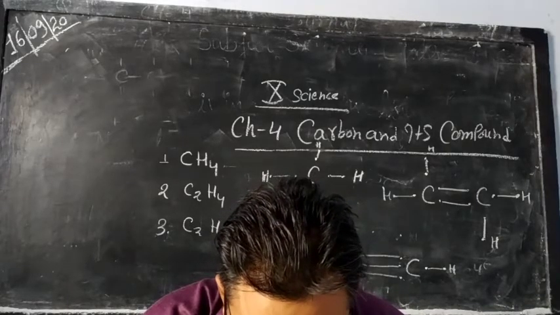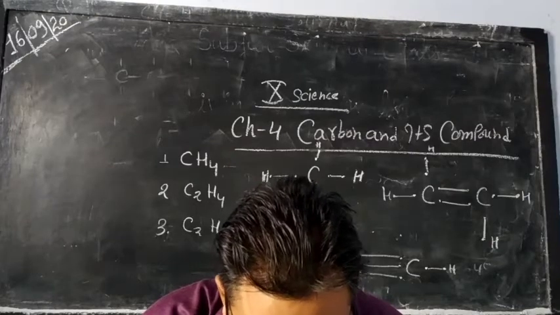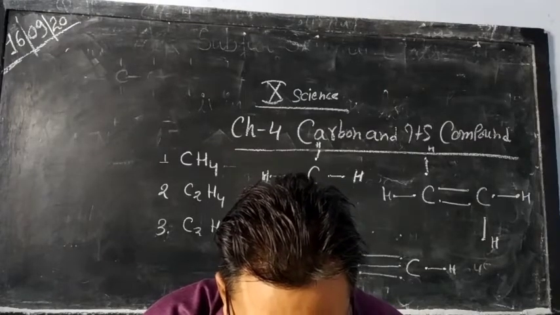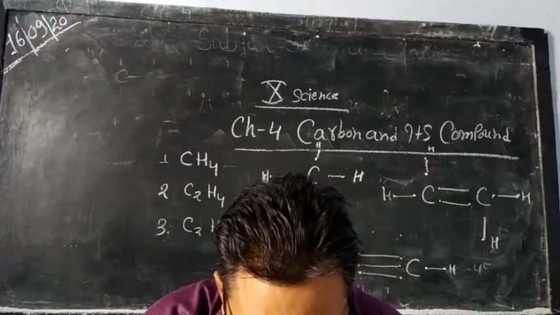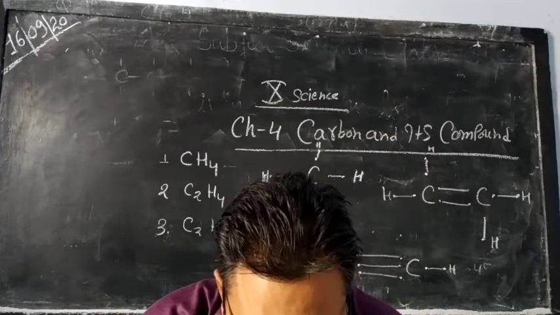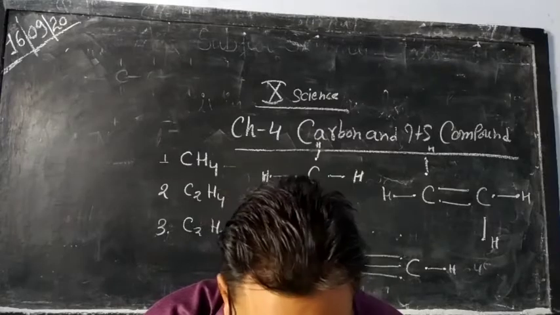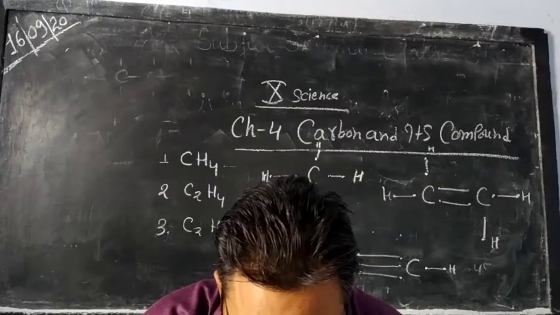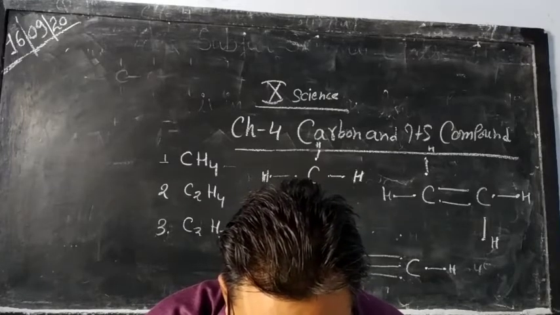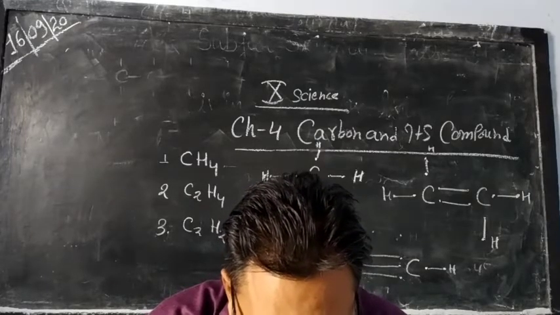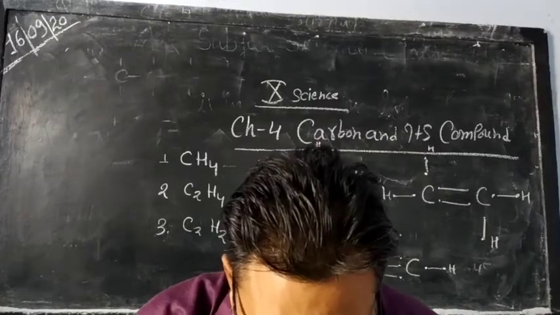So there are three allotropes of carbon. First one is diamond, second one is graphite, and third one is Buckminster or fullerene. So these three are the examples of allotropes of carbon.